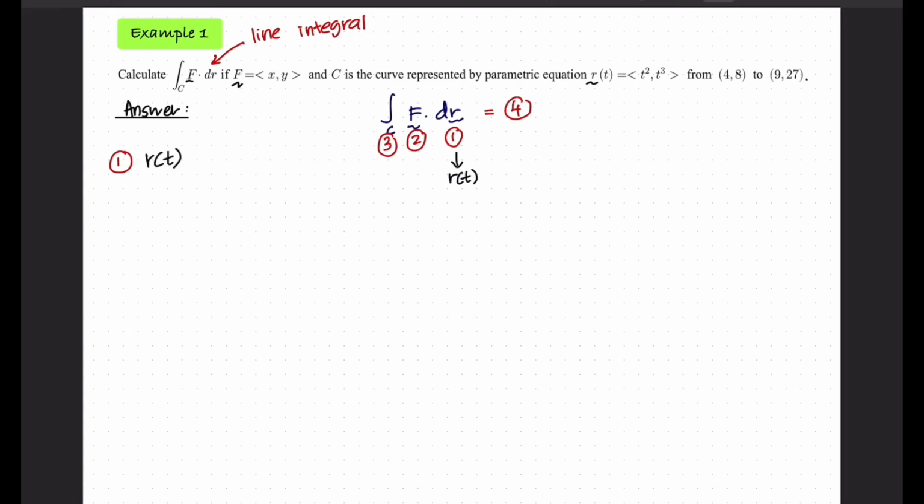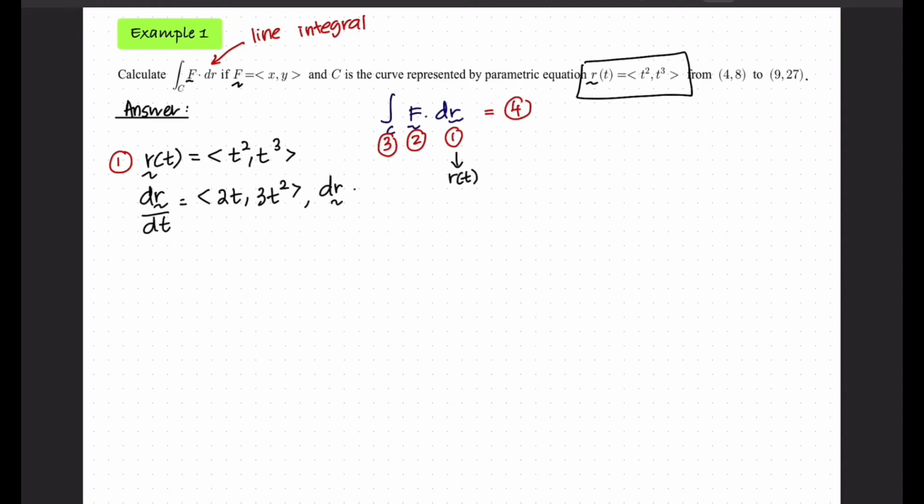For this question, r(t) is given. r(t) equal to vector (t square, t cube). So dr over dt equal to, differentiating r with respect to t, you will get (2t, 3t square). And we want dr, so put dt on the right side.